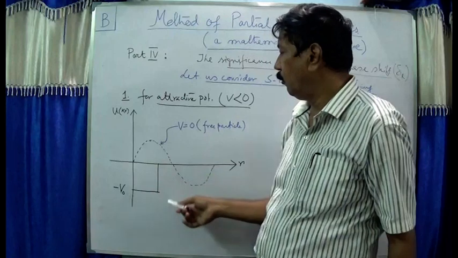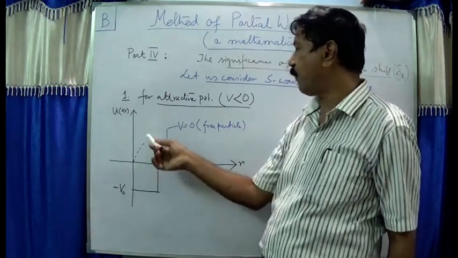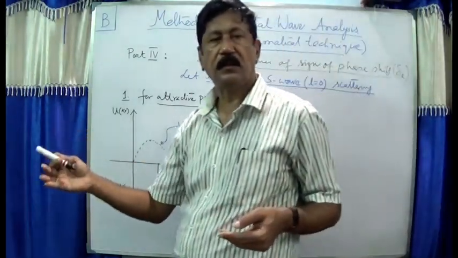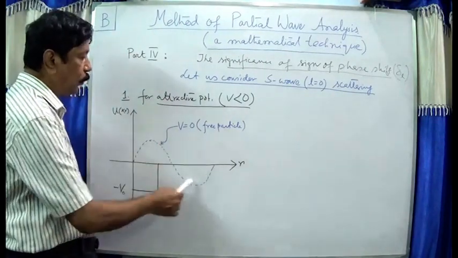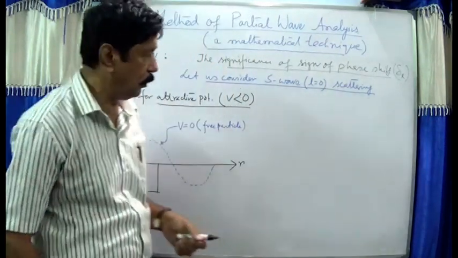Now what we expect, if there is no field of attraction, the incident particle will pass over the scattering point as it is. So there will be no change in shape of the incident wavefront.